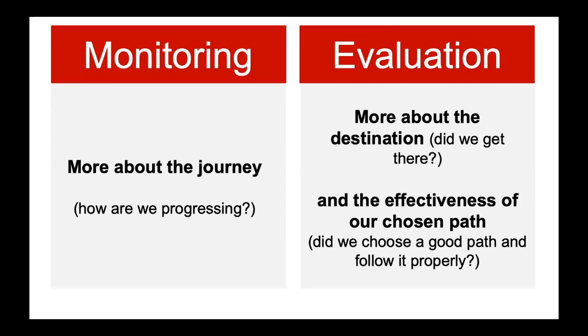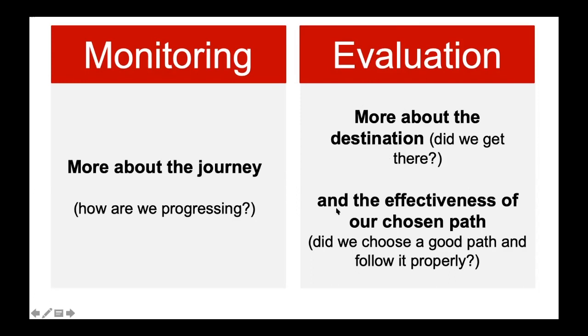Now, let's put context on your risk communication planning. How are we progressing? We're delivering messages. We're training people. We're changing perceptions, knowledge, skills. We're doing all of those. But what was the result? That's where evaluation comes in.